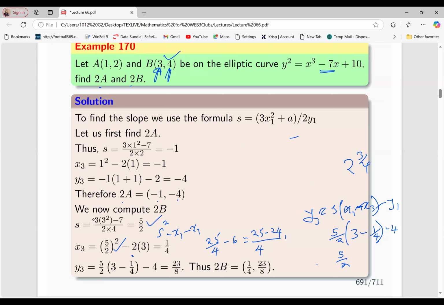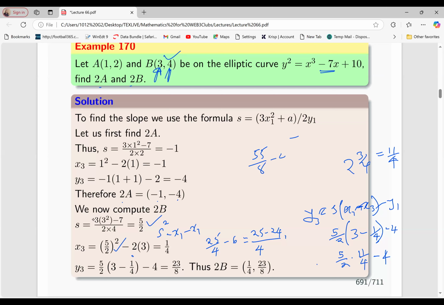When you subtract a quarter from 3, you get 2 3/4, which is the same as 11 out of 4. When you multiply, you have 55 out of 8.